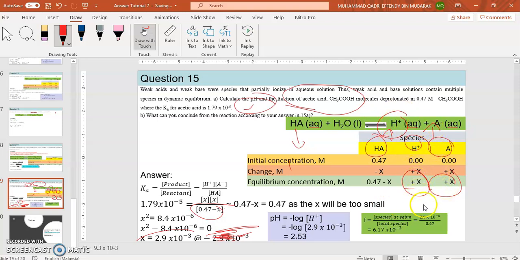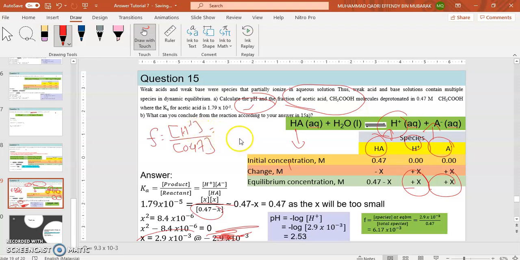The fraction equals H plus over the total species. We know that the total concentration, of everything, is 0.47.